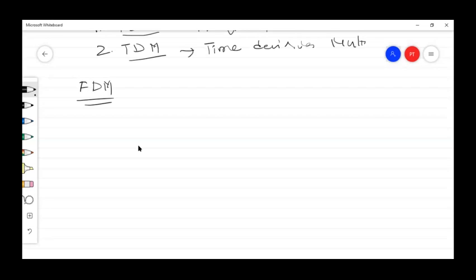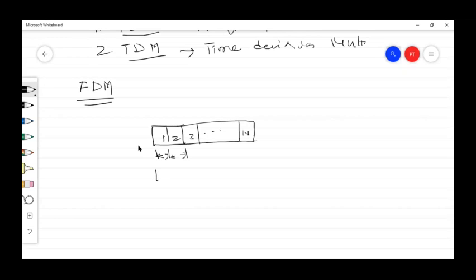So if there is a frequency band, let us say this is the frequency band that we have. This frequency band is divided into a number of small subbands. This is the first subband, second subband, third subband, and so forth. This is the nth subband.